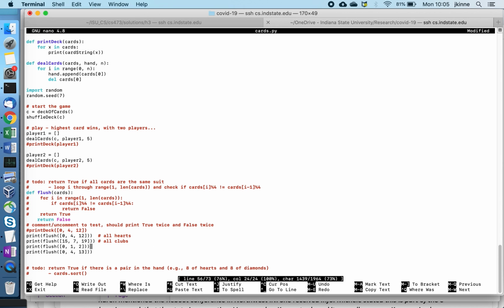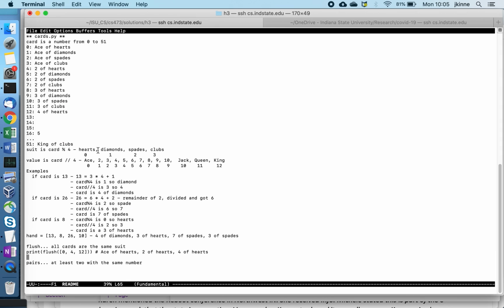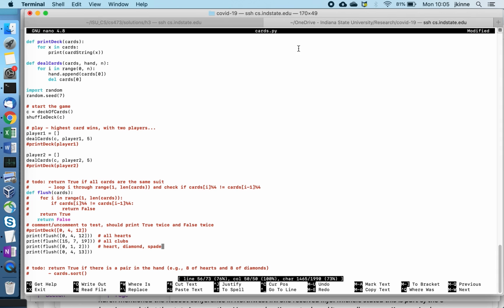This one here, 0, 1, 2, that is a heart, a diamond, and a spade. Just the first 3, heart, diamond, and spade. That should give us a false if the function is correct. This here, we have a heart, and 13 has a remainder of 1.